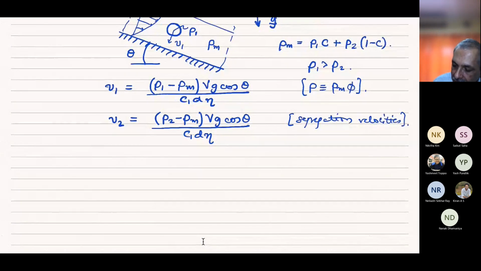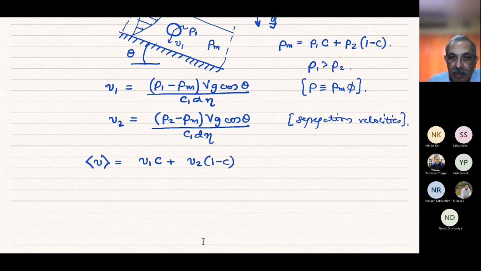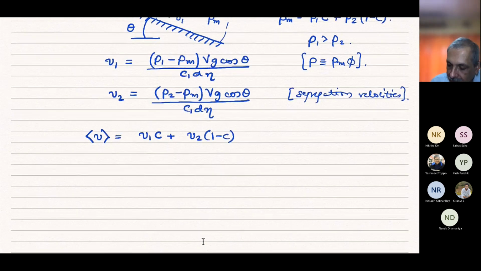Now we can calculate the mean velocity as before. This is just V1 times C plus V2 into 1 minus C. Now we know both V1 and V2. And then let's suppose we want to calculate the segregation velocity of 1. This is nothing but V1 minus the average velocity.